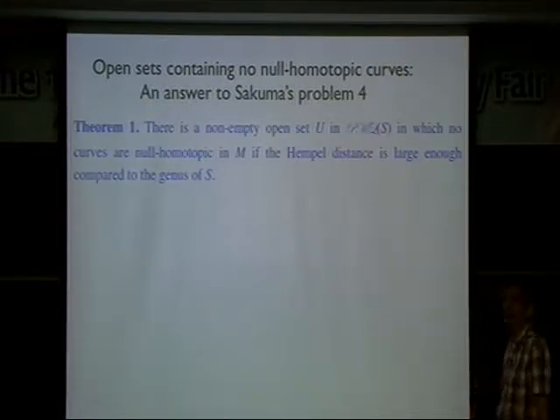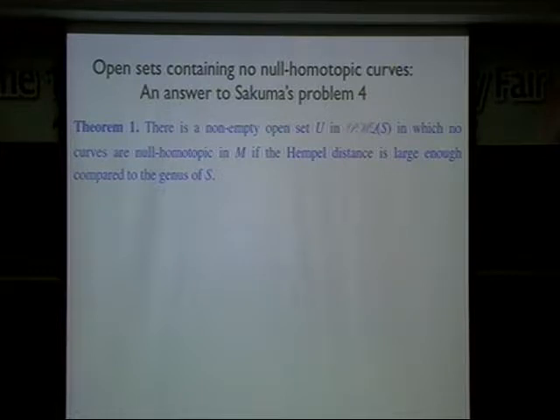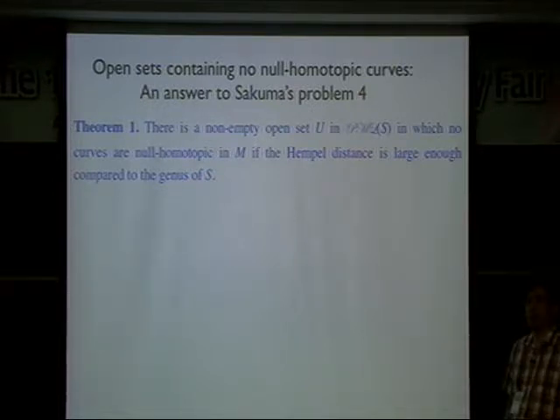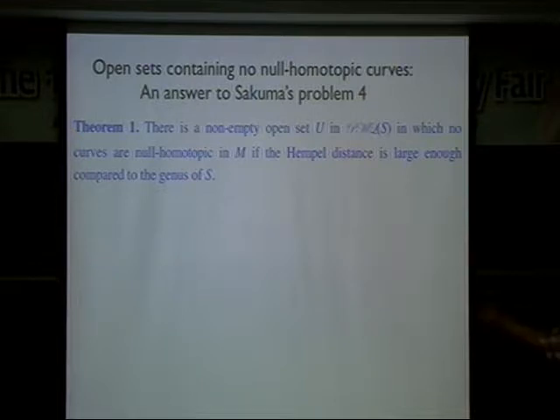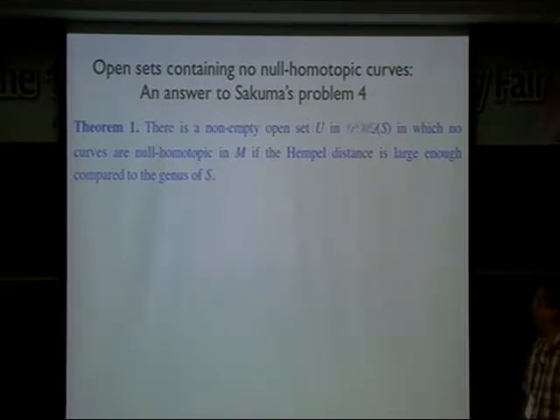So the theorem is like this. Actually there is. There is an open set U in the projective lamination space in which no curves are non-homotopic. This is true if we assume that the Heegaard distance is large enough, and this is true both for n-bridge decomposition and Heegaard splitting.